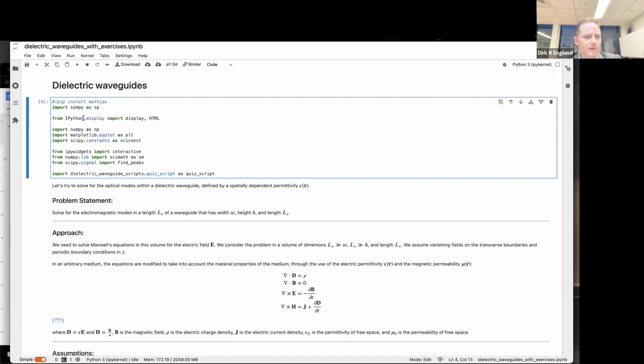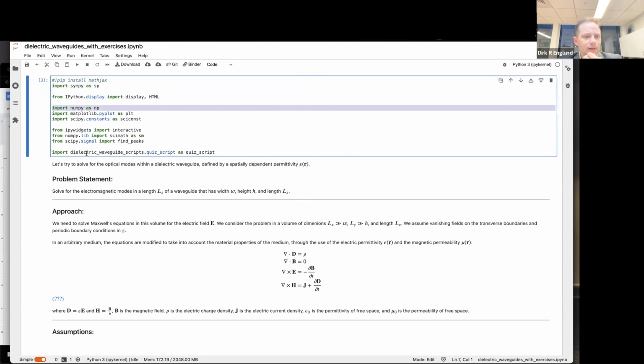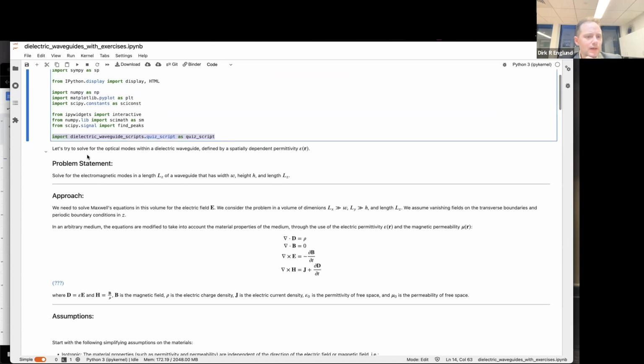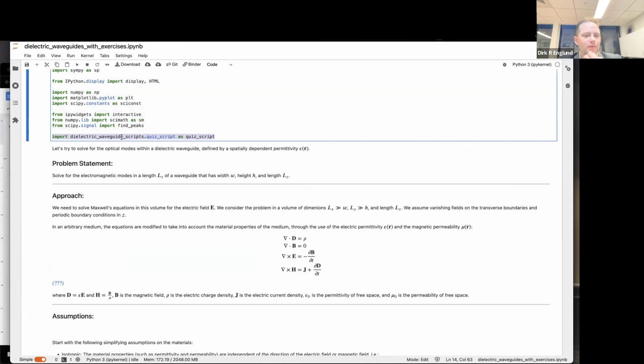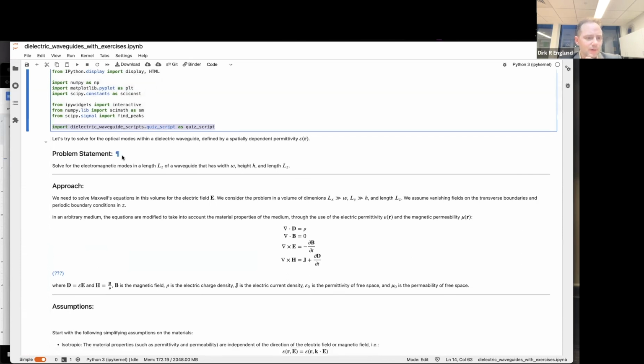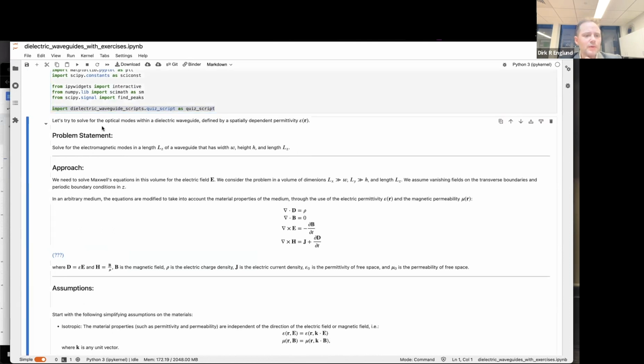All right, so we're importing a bunch of libraries into Python, and this script here was automatically created by Binder, I think. All right, so what we want to do is solve for the optical modes within a dielectric waveguide.